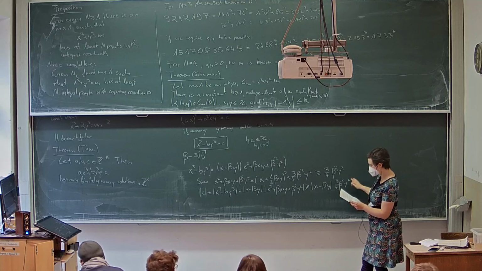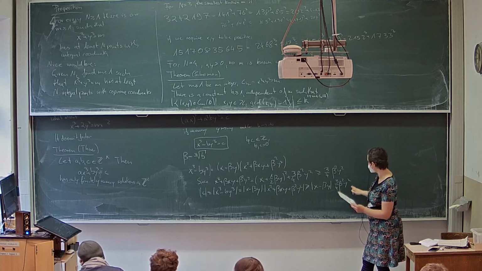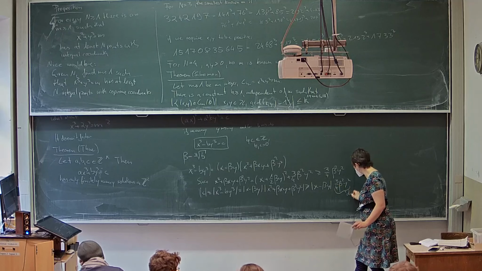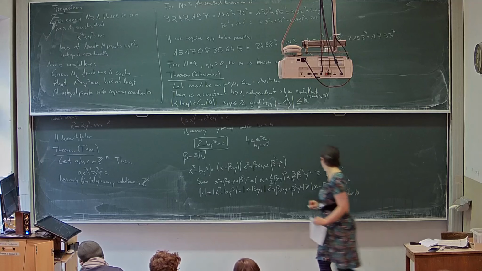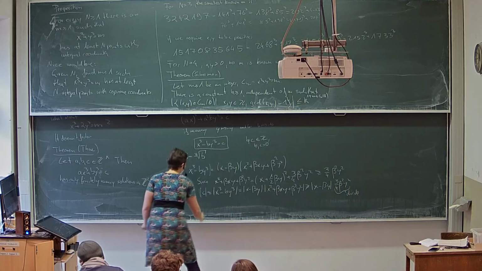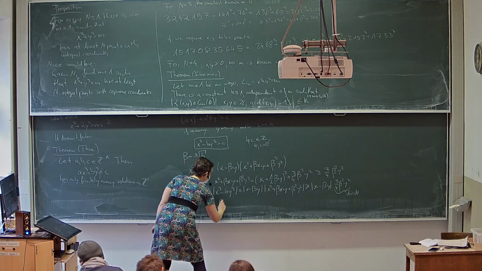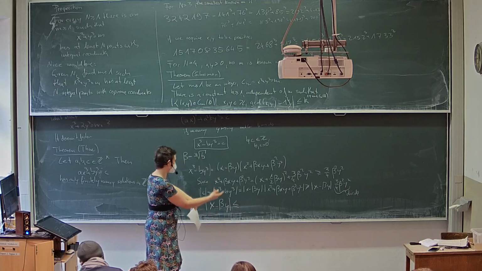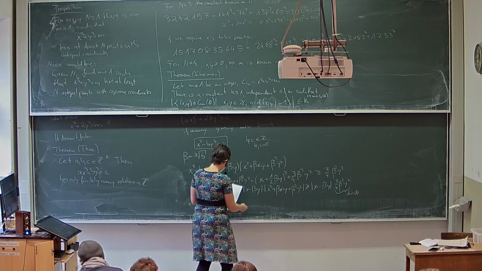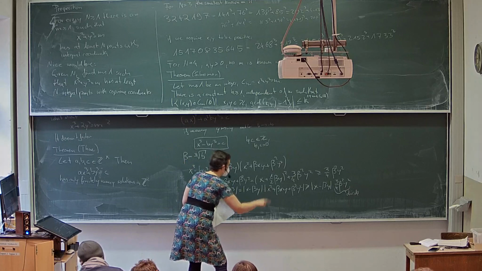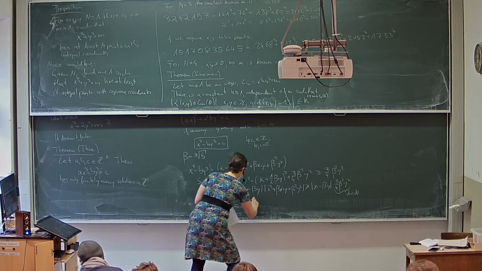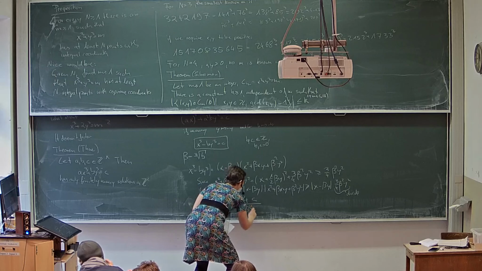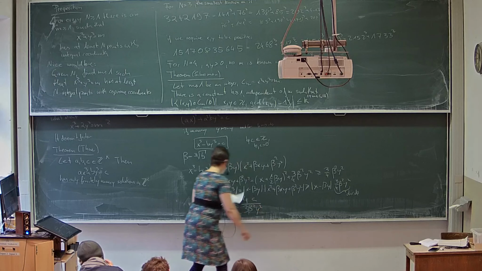Now we divide by this thing, and then we get that x minus beta y is at most, put it on the other side, 4c over 3 beta squared y squared.